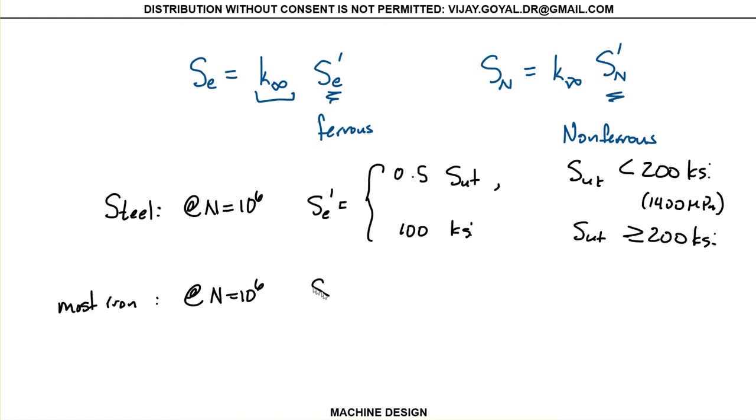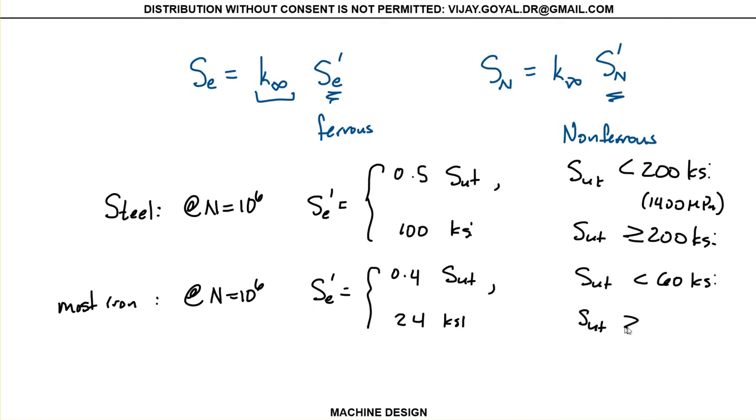That default value will depend on the type of material that you're using. So if it's most irons, this will be 0.4 times S_UT if your S_UT is less than 60 KSI, and we will use 24 KSI if we are working with S_UT bigger or equal than 60 KSI.